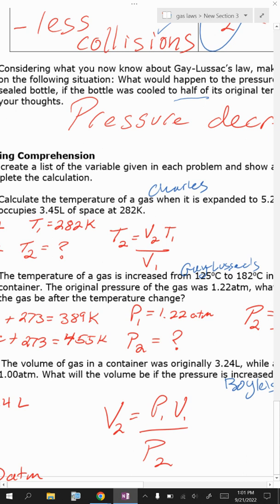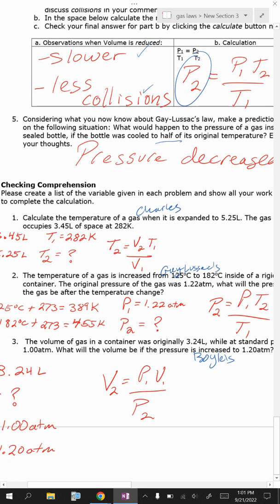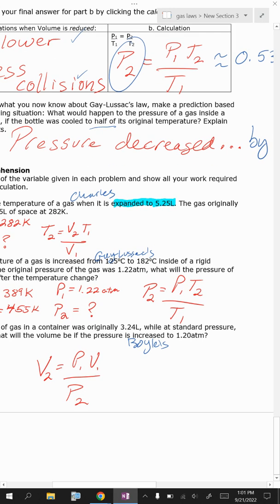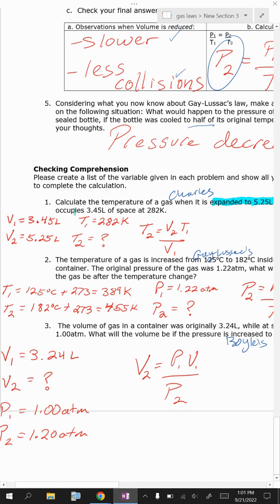If I have to calculate the temperature of a gas when it's expanded to 5.25 liters, that tells me that's the final volume. The gas originally, that tells me it's the initial volume, was 3.45 liters of space, okay, again, relating to volume, at 282 Kelvin.